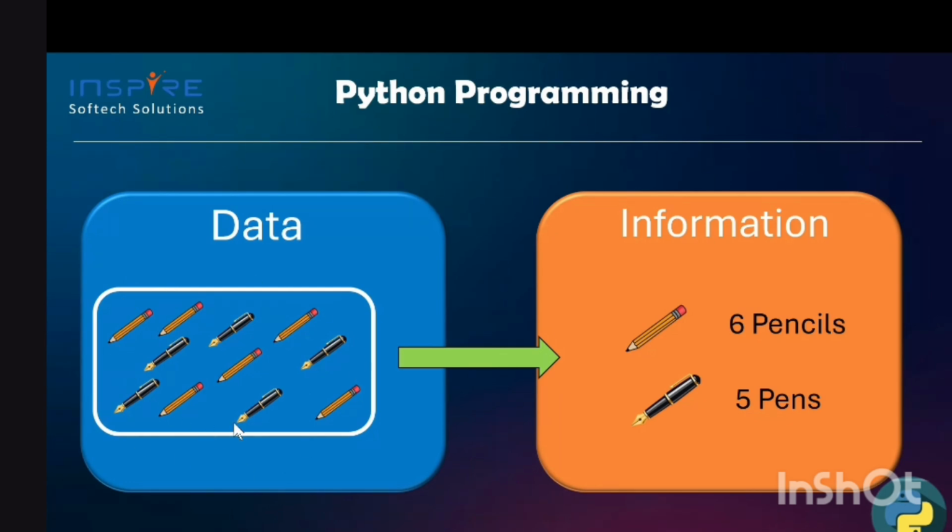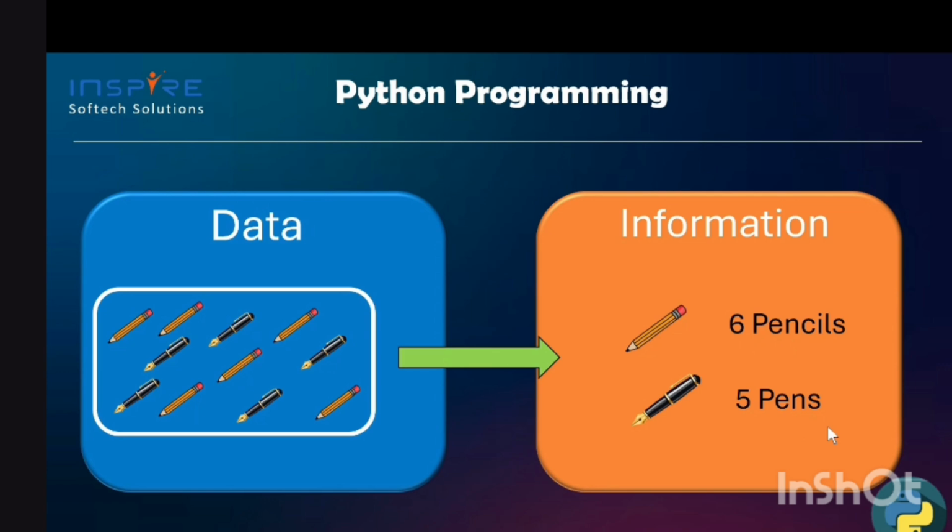Data is not given directly. We have to identify from data what is information, but information will be structured. If you want to count the number of pencils and pens, the information will be properly mentioned. Like when we ask, have you been informed or not? Inform is what?